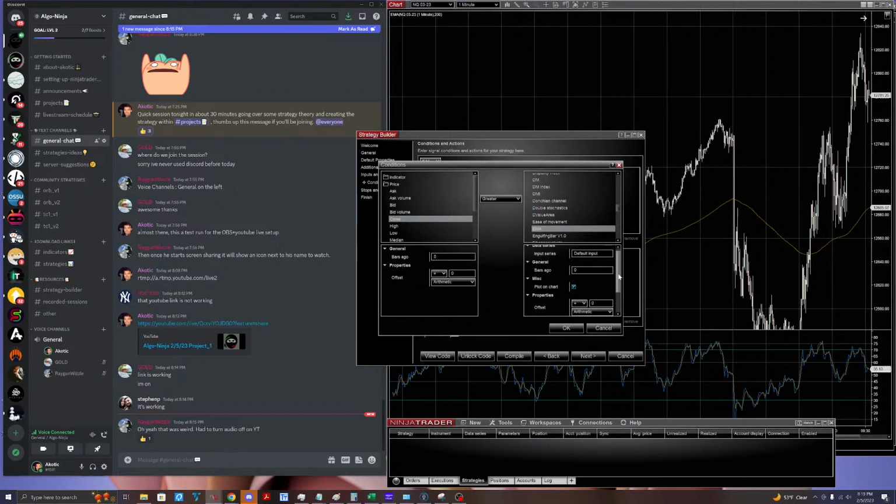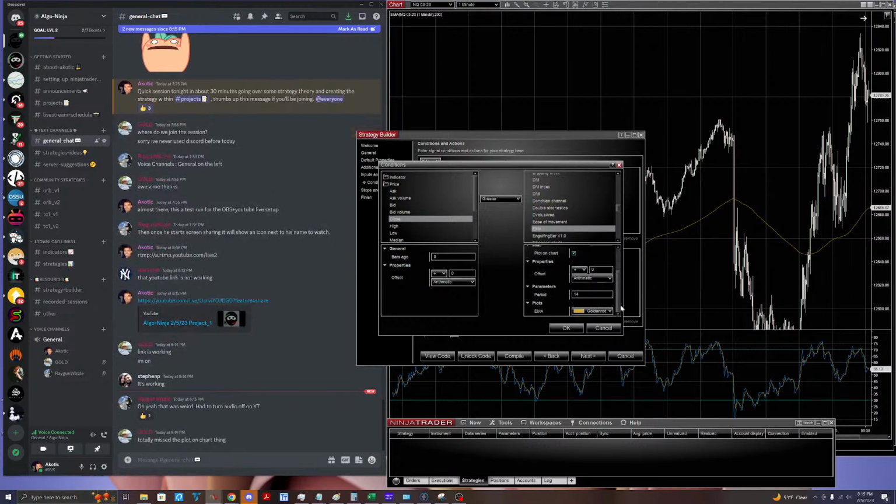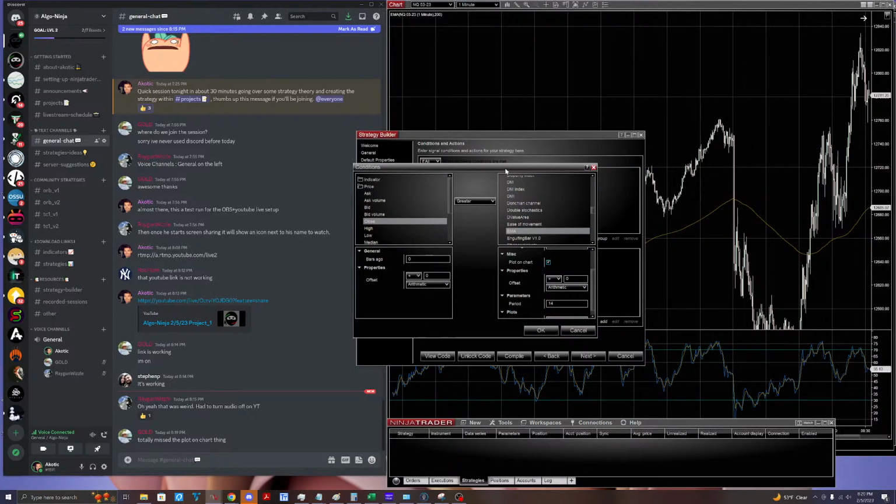So if we're reviewing the strategy just to make sure that it's executing properly, we can see the indicator on the chart. Yeah, it's actually pretty useful. You only have to check it once, so if we're going to use the 200 EMA at some other point in the strategy, you don't have to check it again. The period we can set to 200.